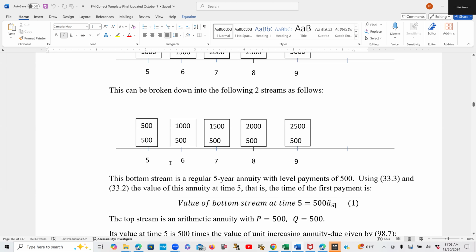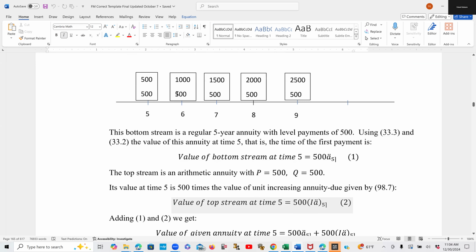And similarly, the value at time 5 of the upper stream can be found by applying the arithmetic annuity formula. And we see that the upper stream is basically an arithmetic annuity with first payment 500 and the common difference also 500.